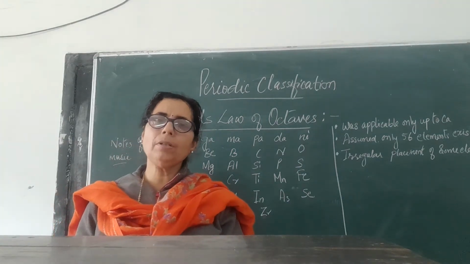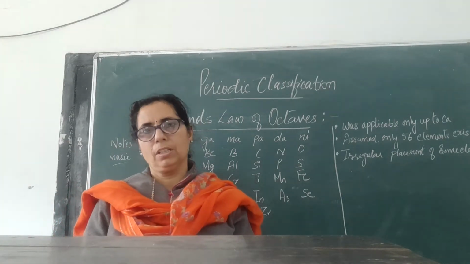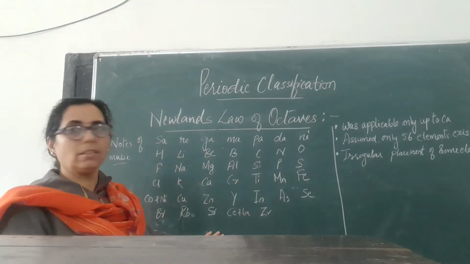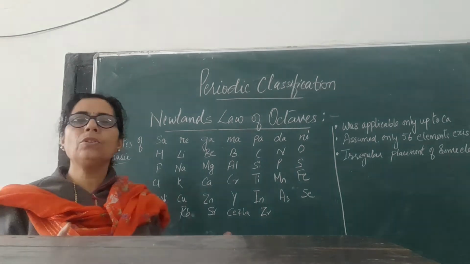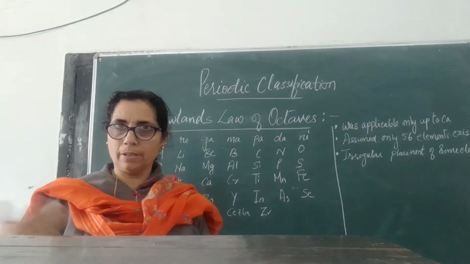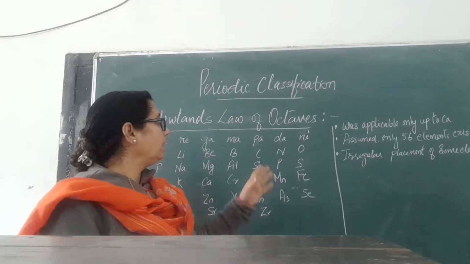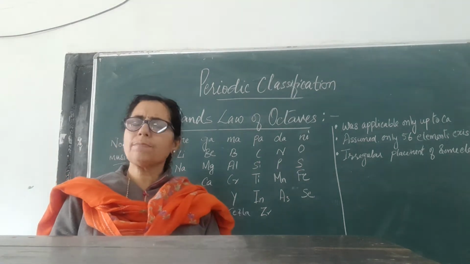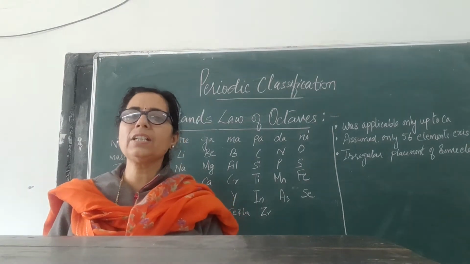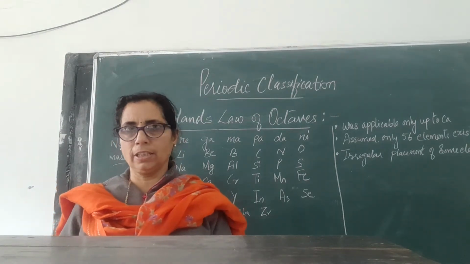It was applicable only up till calcium. Only up till calcium could the elements get a place in the musical notes, but he could not explain the elements after calcium. Next, the other point of his failure was that he said there are only 56 elements in nature.